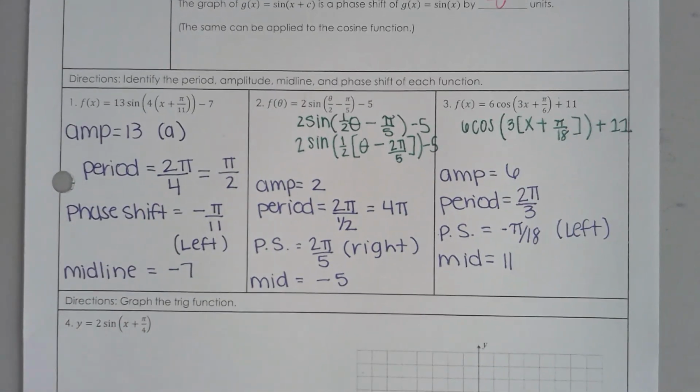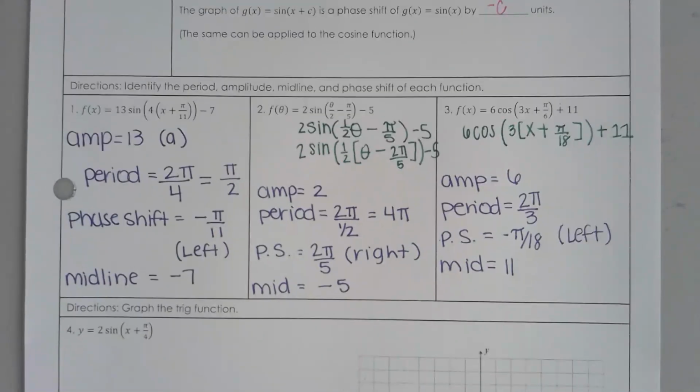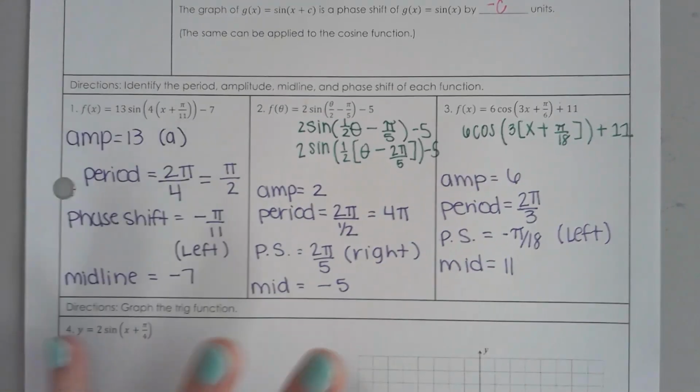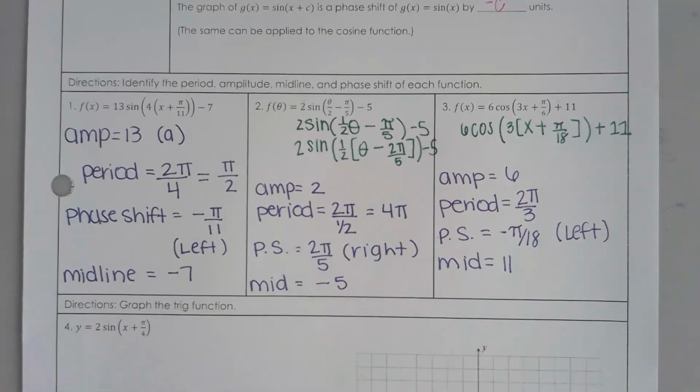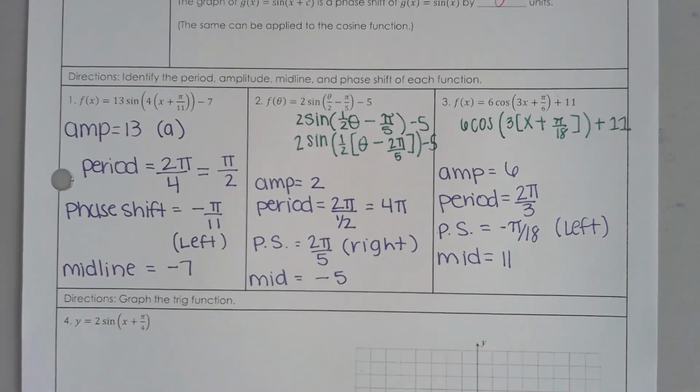Now when it comes to graphing these, we're going to treat it as if the phase shift is not there, and we're going to lightly sketch it in. If you are not working with a pencil now, you need to work with the pencil partly. We're going to graph the original one without the phase shift, and then scoot it over.